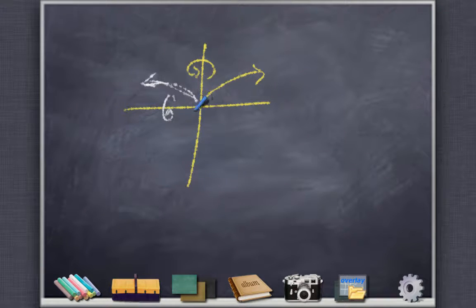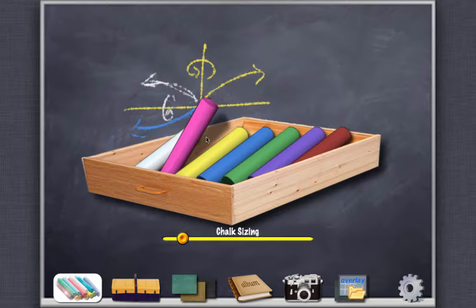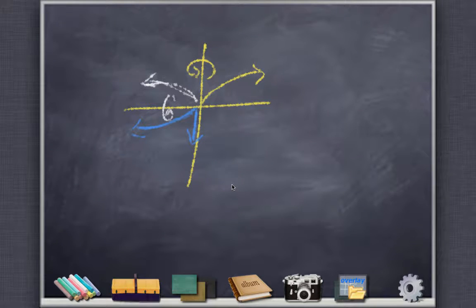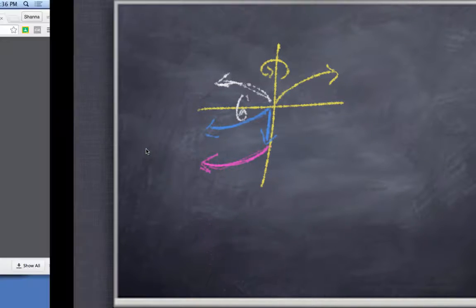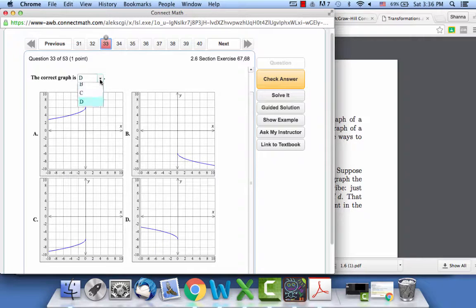So that we end up down here. And now we need to shift down 6. So that we end up here. Which now leads me to C.